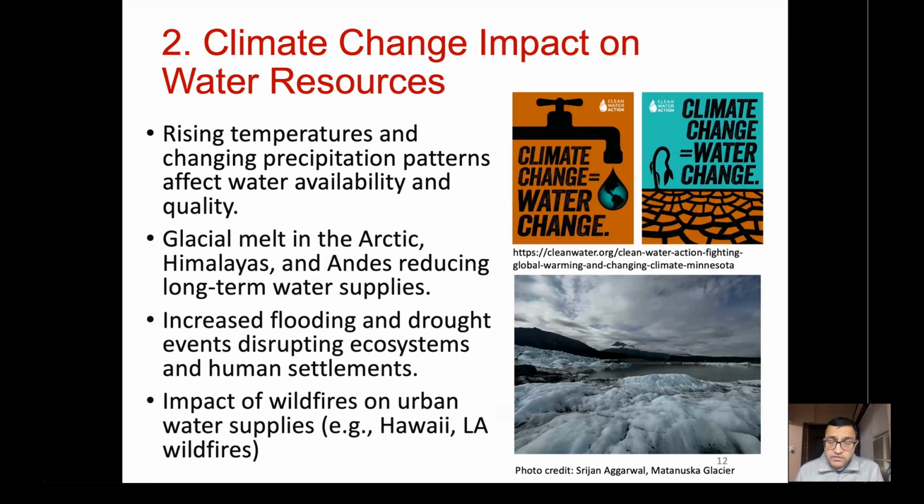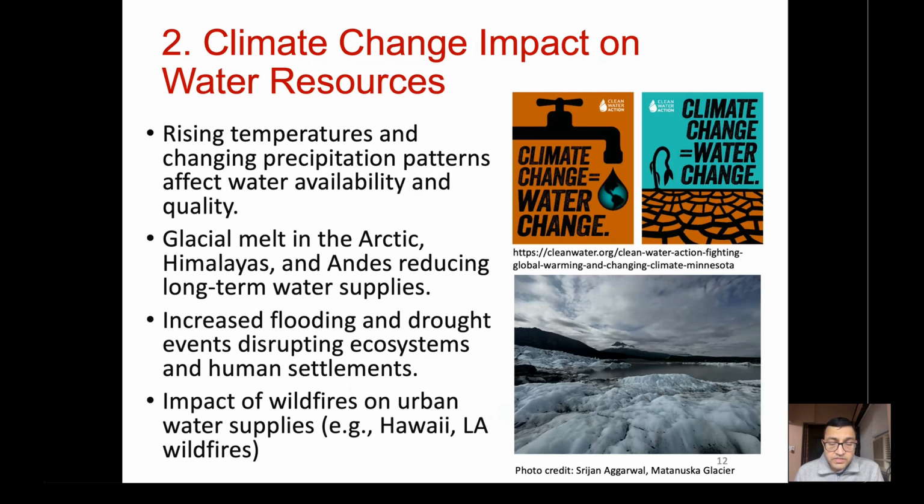So then we are also facing this global climate change issue, and its impact on water resources is not often identified clearly. But the rising temperatures and changing precipitation patterns also affect water availability and water quality. Glacial melts in the Arctic, the Himalayas, and the Andes reduce the long-term water supplies.